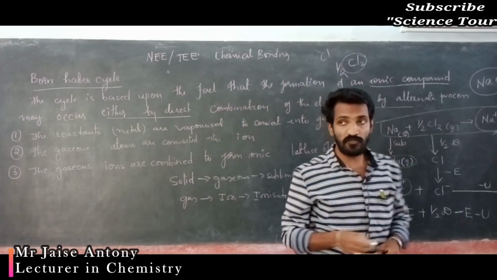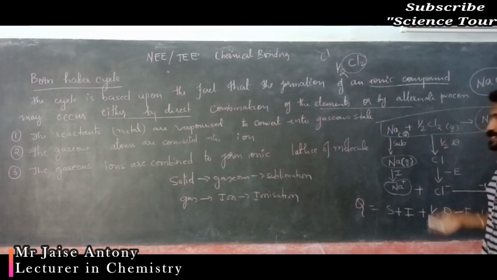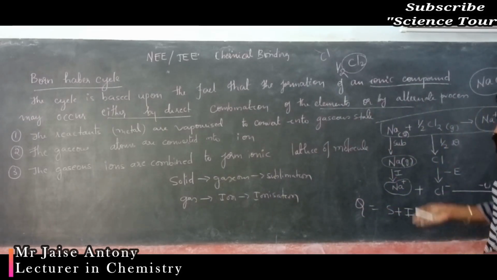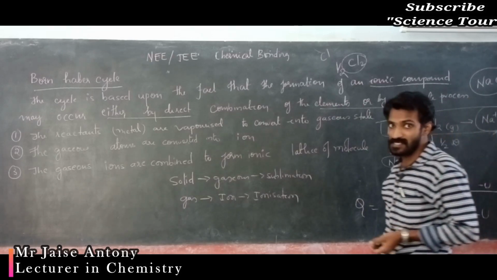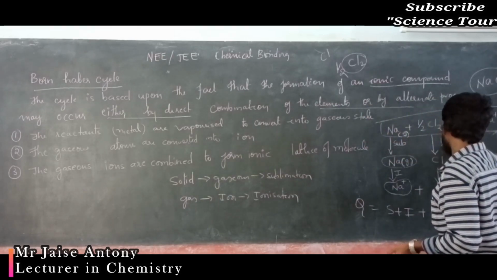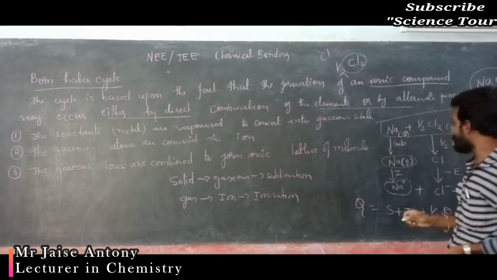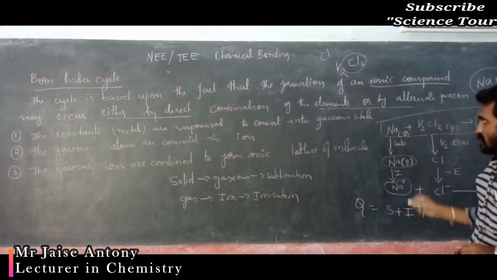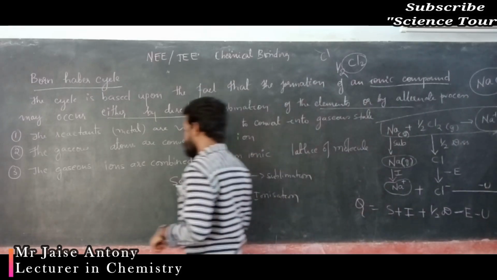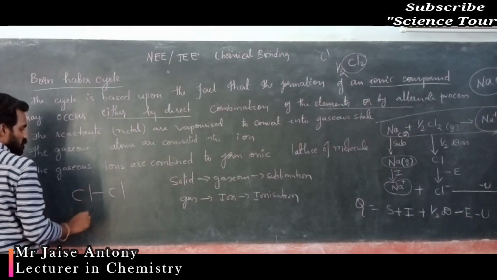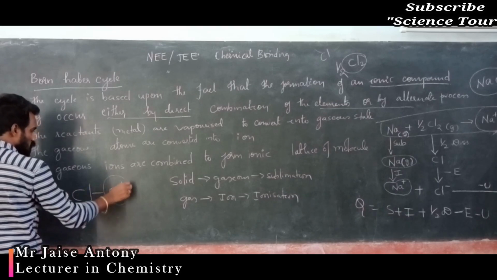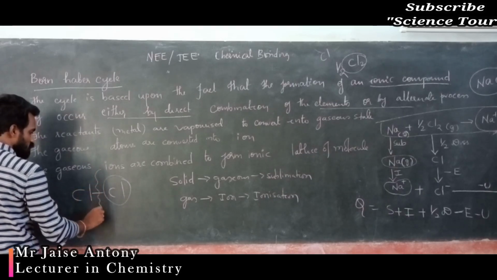Now next we will move to the chlorine part. Half chlorine is given. Here it is given half D, which means dissociation. Dissociation, my dear students. What happens actually? I'll show you, my dear students, the chlorine molecule. If you want only one chlorine atom, you have to dissociate.